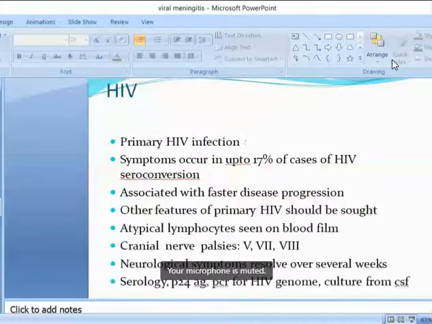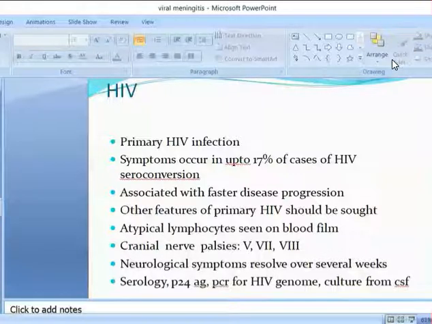Moving on to HIV. HIV can cause meningitis by itself. The virus itself can cause meningitis. In primary HIV infection, in up to 17% of the cases, during the time of seroconversion, you'll get the signs and symptoms of meningitis.